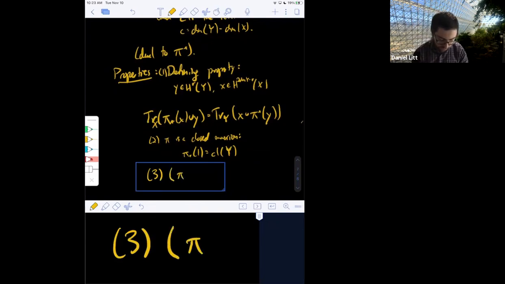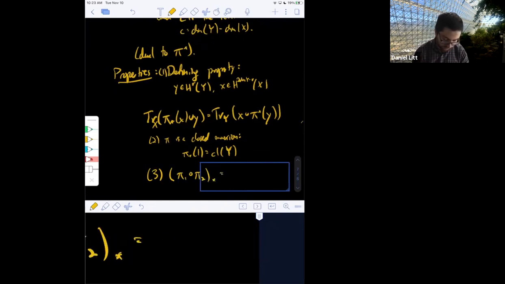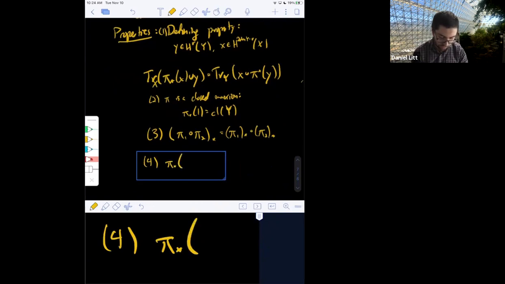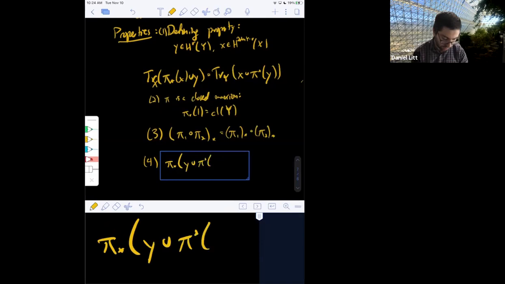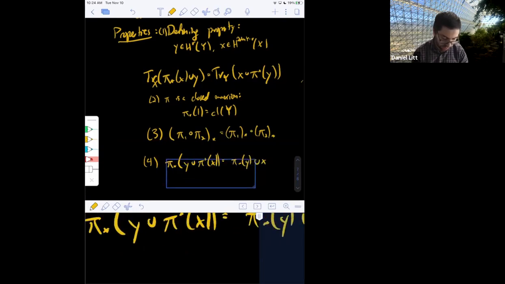If you push forward through a composition, that's the same as composing push forwards. So 4 is a projection formula. So pushing forward a cup product of x with a pullback is the same as pi star of y cup x. So this is called the projection formula.